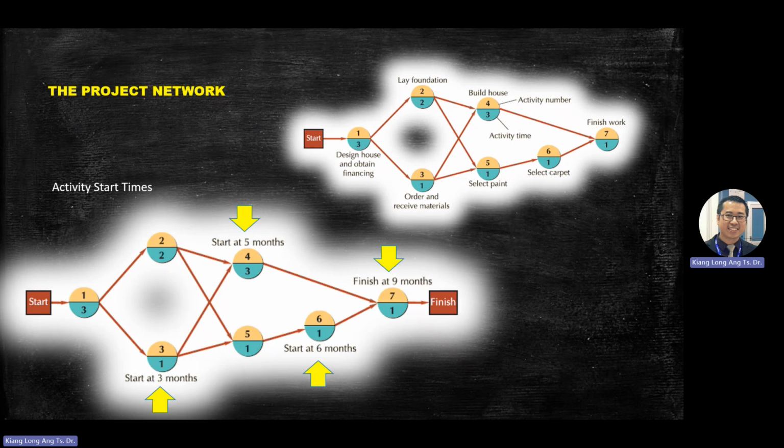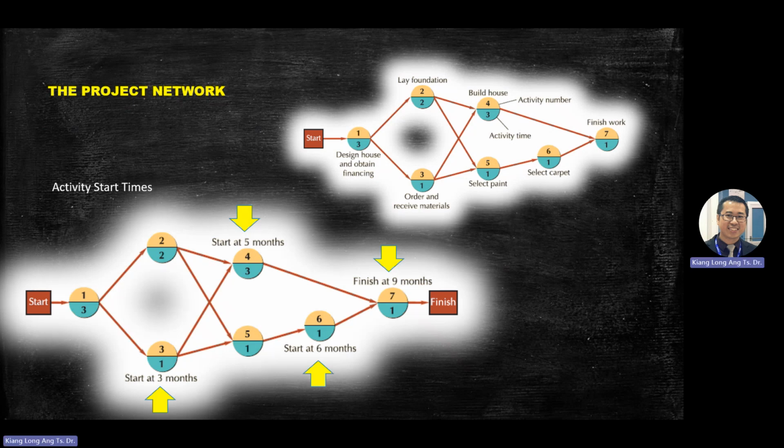Okay. So same with this one. Activity number 2, you need to wait 3 months before you can start activity number 2. Then here, activity number 4. Why can you only start after 5 months? You need to check the activity. To reach activity number 4, you follow the path. 3 plus 2 is 5. Is there any other path to reach number 4? Yes, which is here to here, then to here.